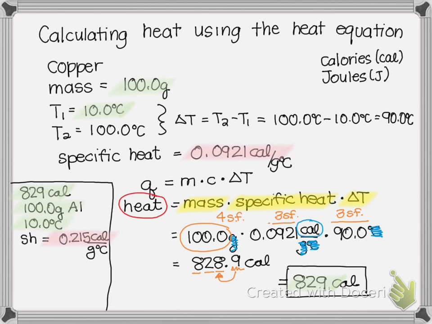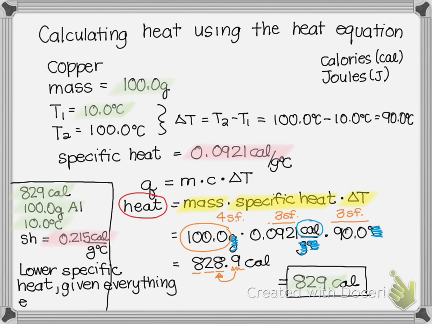And here's how specific heats work. The lower the specific heat, the higher the temperature is going to go with the energy. So a lower specific heat, given that everything else is the same, will rise to a higher temperature.